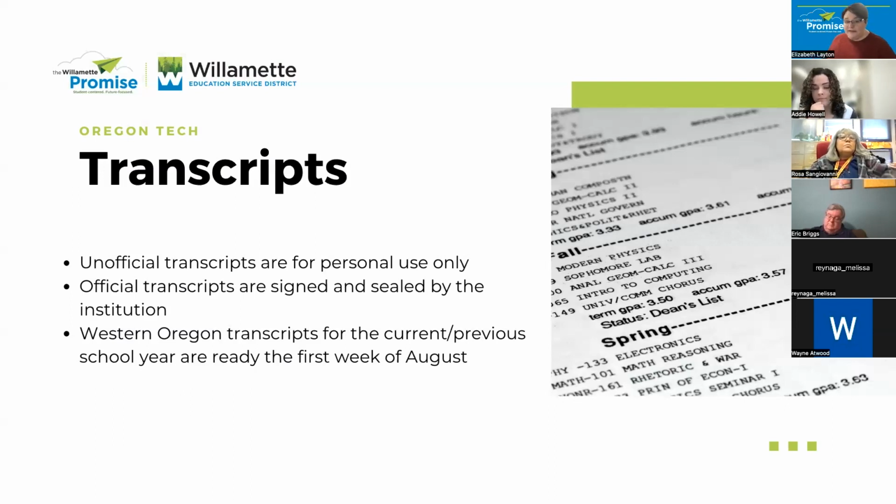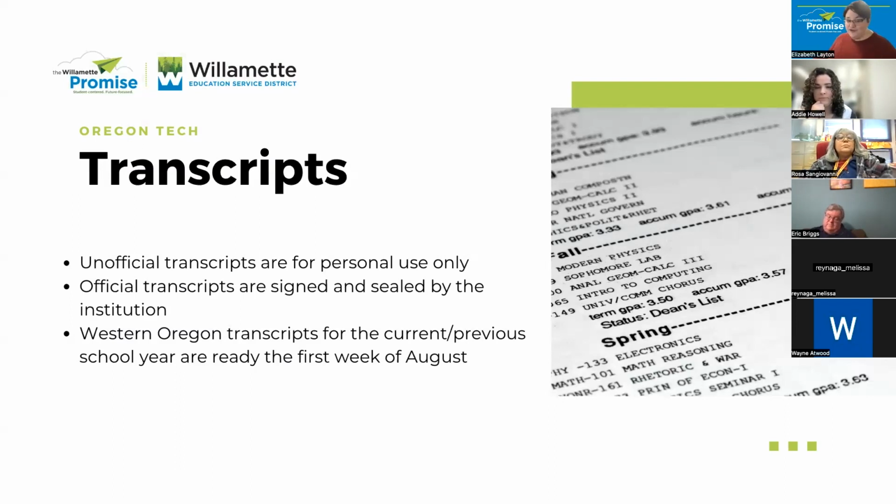So students will have to wait until at least that first week of August to request a transcript. Students should plan on requesting their official transcripts, which are signed and sealed by the institution, when they're ready to apply for colleges and universities. So they don't need to get it as a sophomore. It will be there. It's fine. They will be able to request at the end and all their credits will be there.